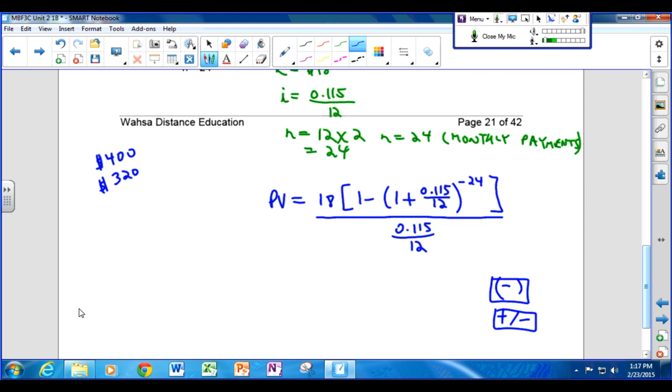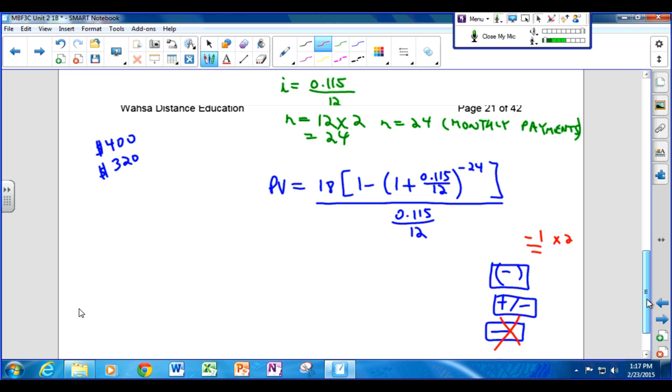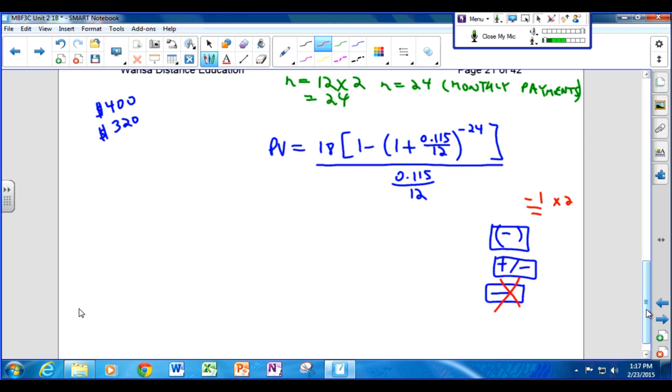Most scientific calculators also have a subtraction button, and that's not the same thing as making something negative. So check it out on your calculator. Try multiplying negative 1 by 2 or something like that. Try entering negative numbers. Make sure you know how to make a number negative on your calculator. Usually it's not the minus or subtract button.